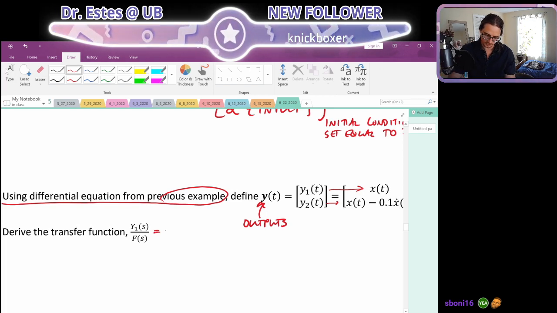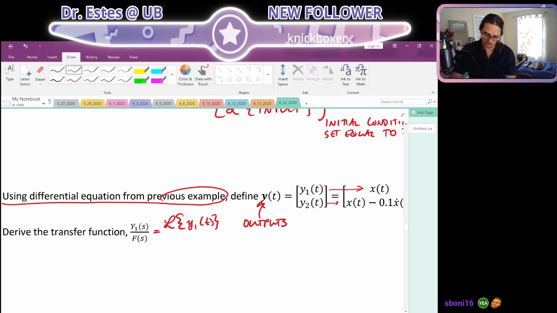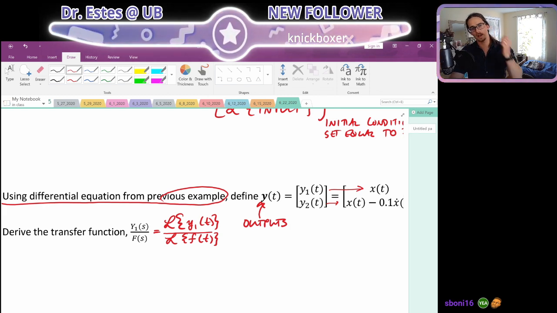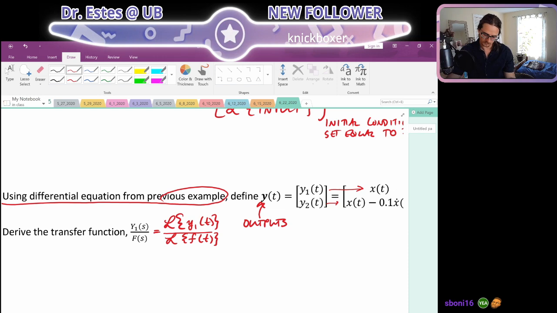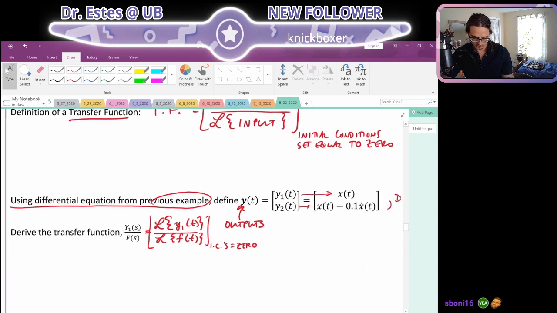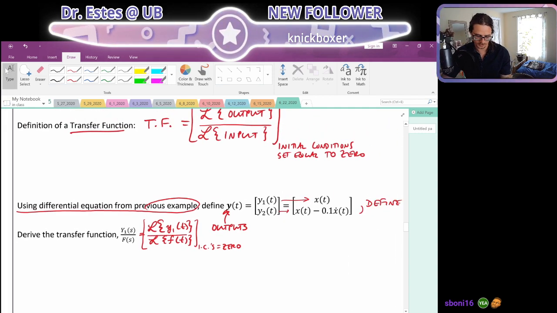One possible transfer function is the Laplace transform of our first output, y1, divided by the Laplace transform of our input. So this is y1 of s over f of s. And our initial conditions, we're going to set those equal to 0, because that's just the definition of a transfer function.